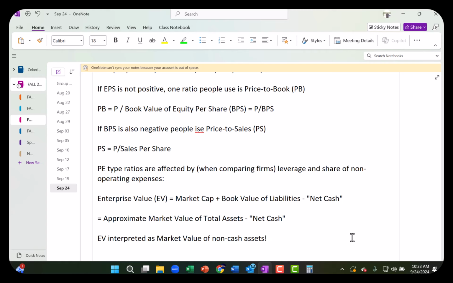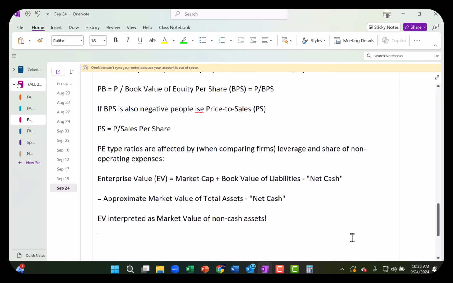Those are the things that are going to produce return for you. We're going to compare EV to EBITDA, which is earnings before interest, taxes, depreciation, and allowances.